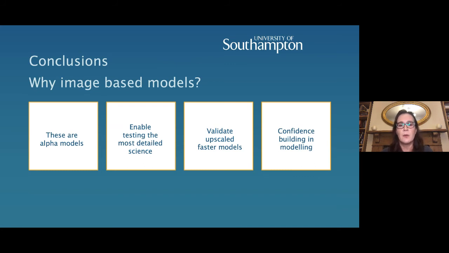They enable the testing of the most detailed science to be done, but they also allow us to validate the faster upscaled models and thereby build confidence in model building exercises with the domain experts, because domain experts often see the details being important with doing both the model, which includes the details, and then does the multi-scale faster model.